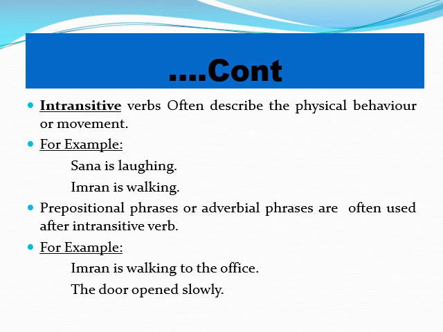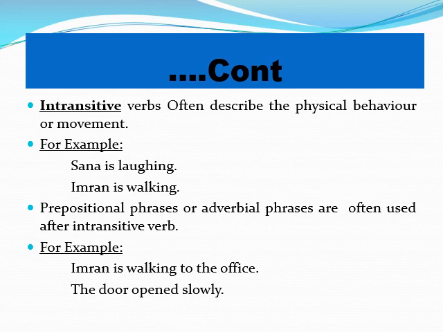Imran is walking what? There is no answer. Imran is walking whom? There is no answer. So since there is no answer, there is no direct object. To the office simply tells us where Imran is walking. So there is no direct object.